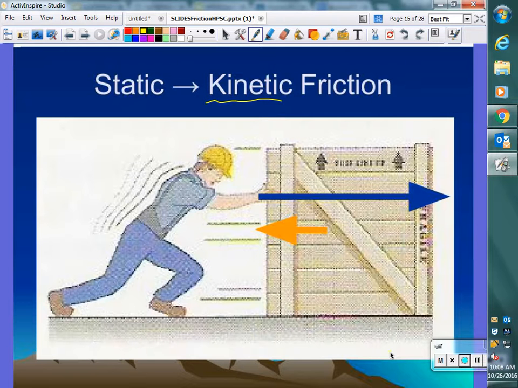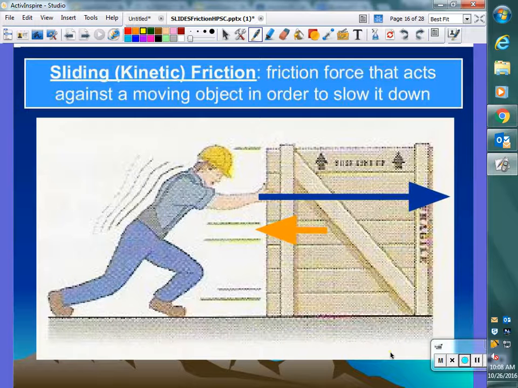Ready? Okay. 1, it changed colors, but 2, what happened to the magnitude of that force? Got smaller, right? So, kinetic friction, or sliding friction, is a frictional force that acts against a moving object in order to slow it down.